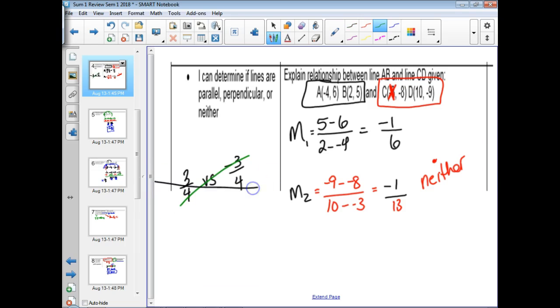They are not perpendicular because they aren't reciprocals of each other. Similarly, sometimes kids think these are perpendicular. Well, that's not true because while they are reciprocals, they are not opposite signs. So just keep that in mind when you hit your question on your test. What's parallel, what's perpendicular, and when is it considered neither? And you have to be able to explain that as well.